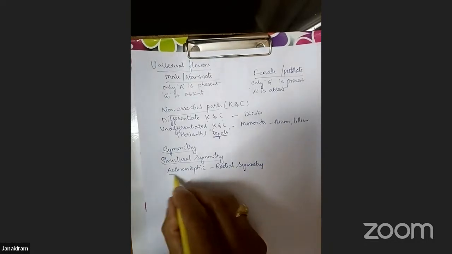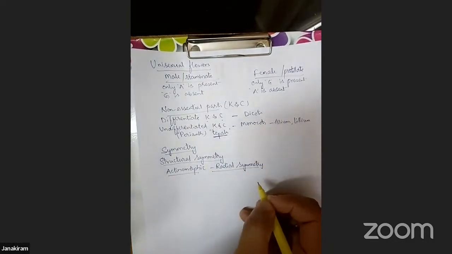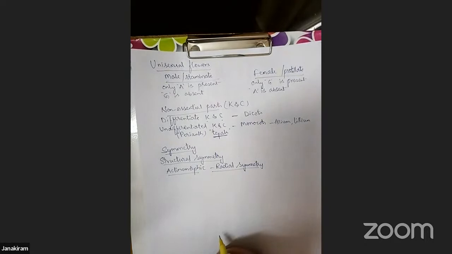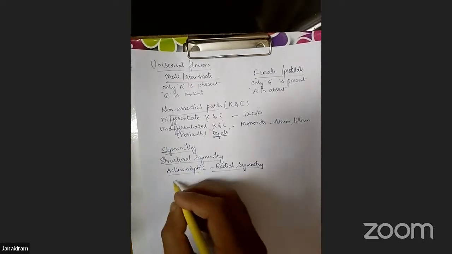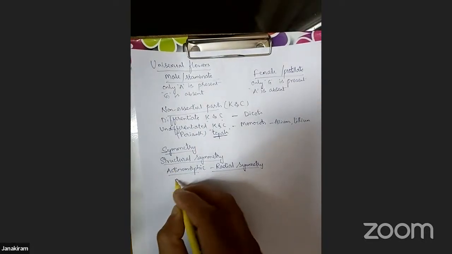So let us see the characteristic feature of the actinomorphic flowers. If you take a flower and cut it in a vertical manner, that is in a radial manner, passing through the center, and we get two equal parts in any radial angle, we call such flowers actinomorphic flowers.